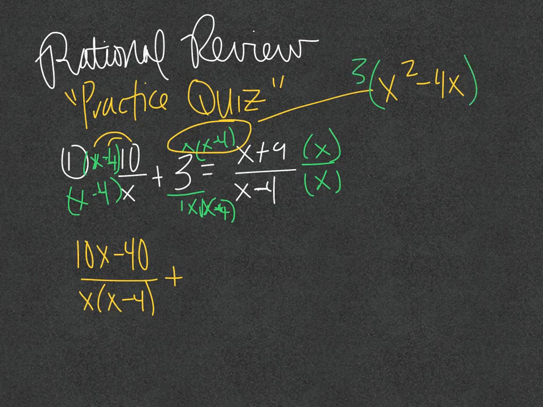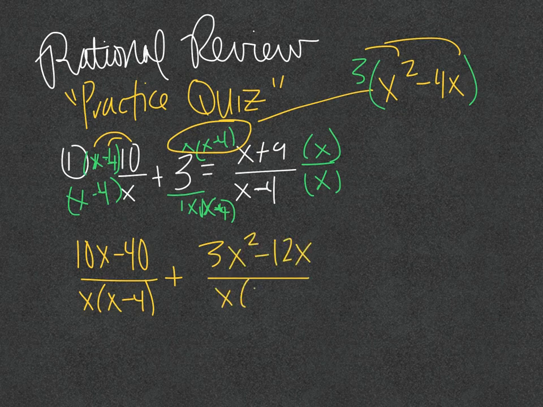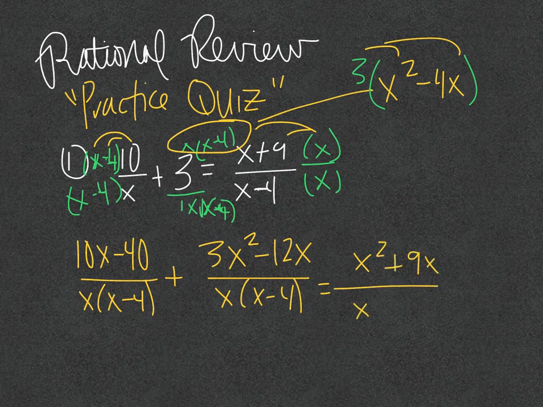So when I multiply that, I have 3x squared minus 12x over x times x minus 4. And then I'm going to multiply the right side of the equation. I have x squared plus 9x and x squared minus 4x. So, well, I could just leave that the same as the other ones if I wanted to.